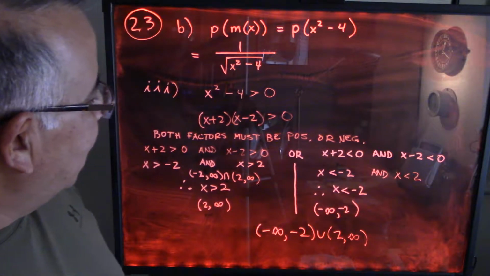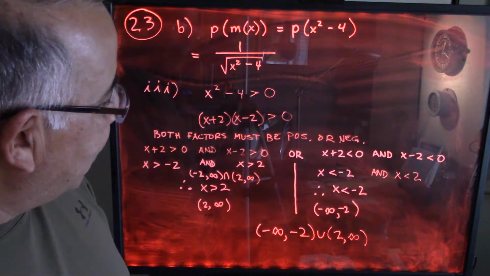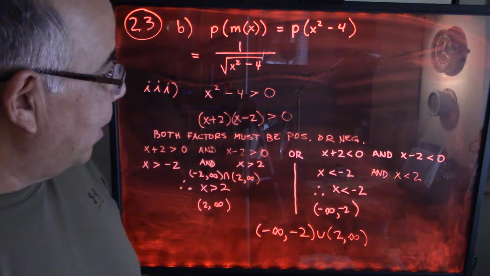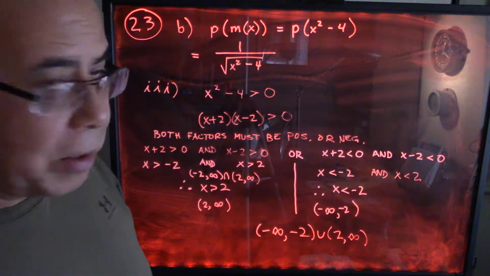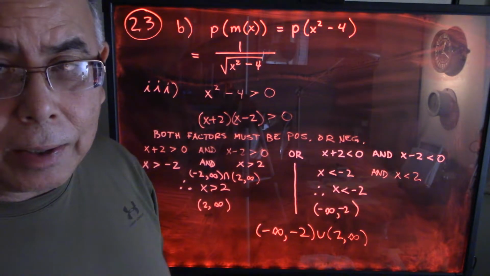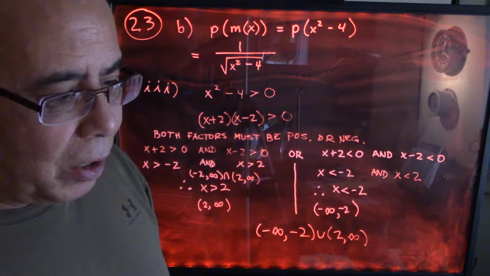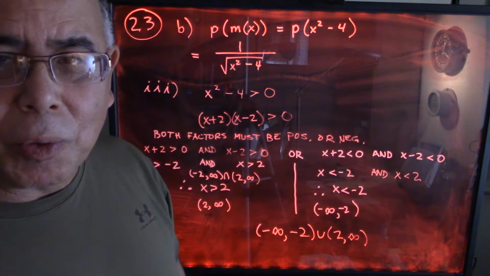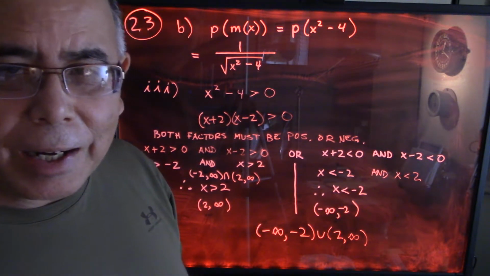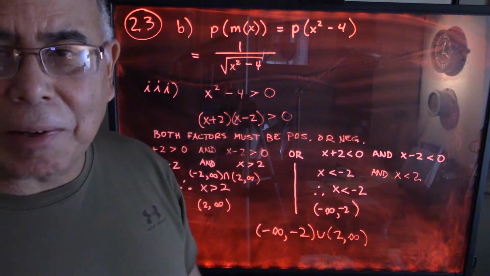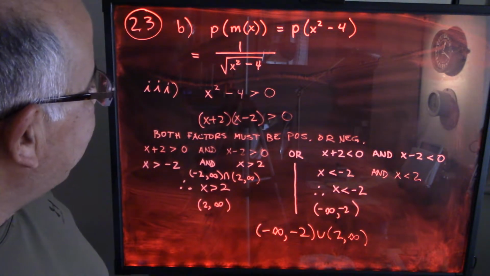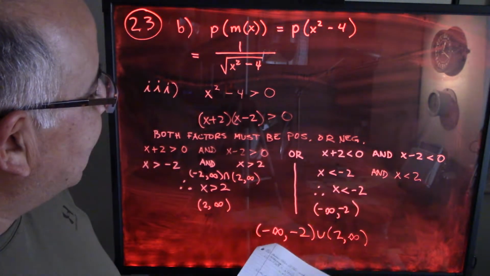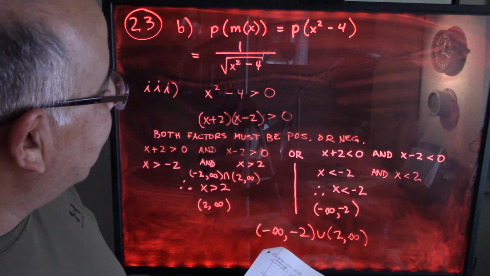So we've got 3 basic methods. Now you should be familiar with all 3 because why? Well, the graphic method is nice, but it doesn't always work well, especially if the function gets really complicated and there are little tiny points that you have to zoom in on, and oh my gosh, it becomes a mess. So sometimes it helps to think logically and just do it algebraically like we did here.